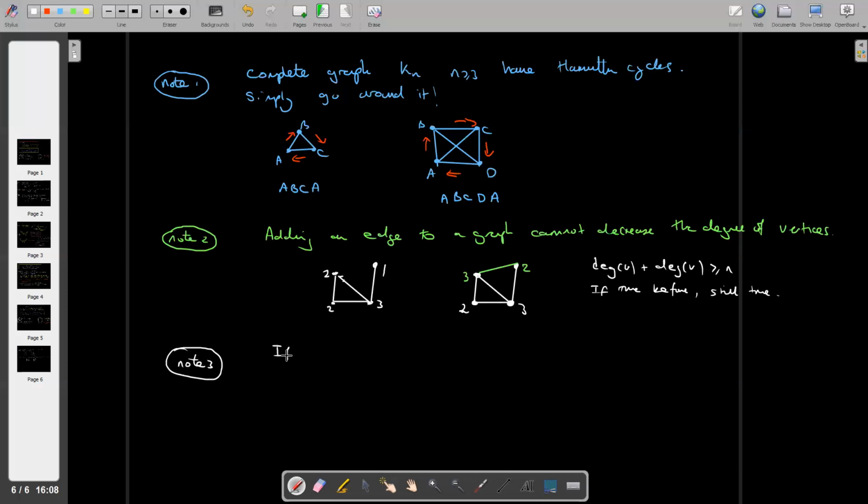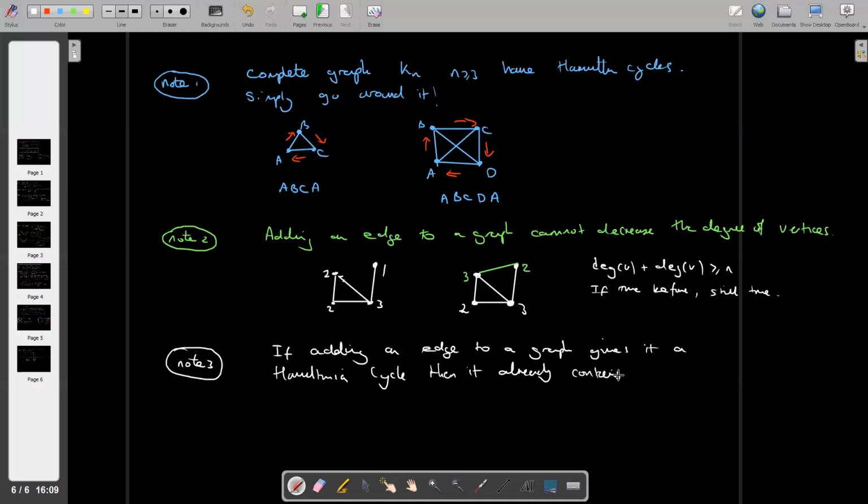Okay, so if adding an edge to a graph gives it a Hamiltonian cycle, so if when you add an edge to a graph it then has a Hamiltonian cycle, then it already contained a Hamiltonian path.